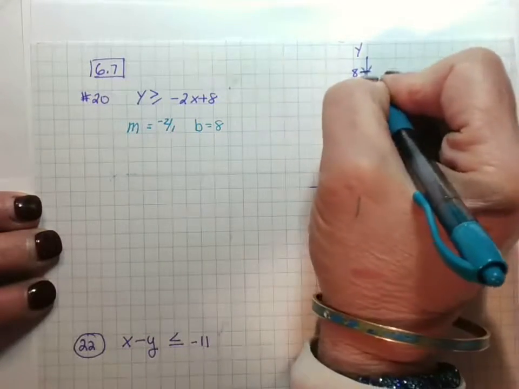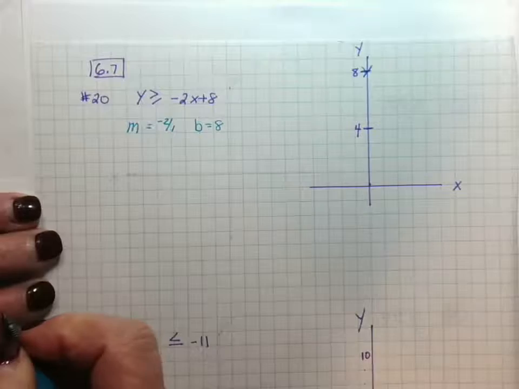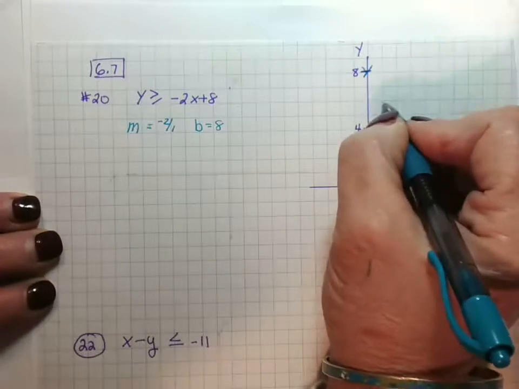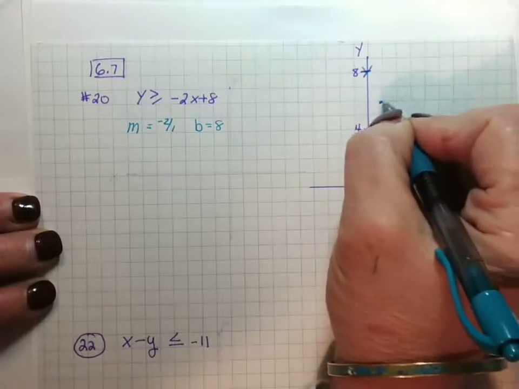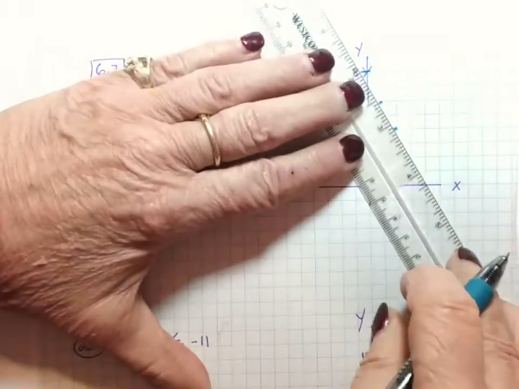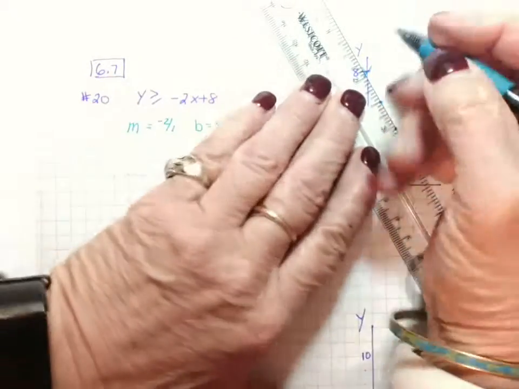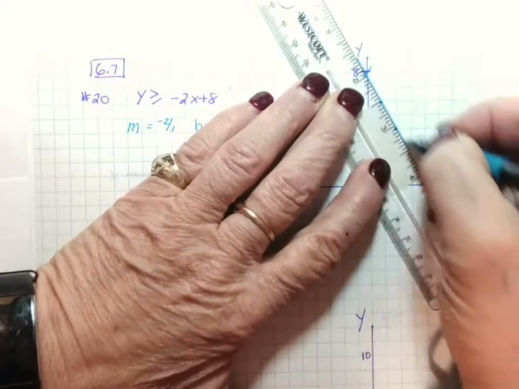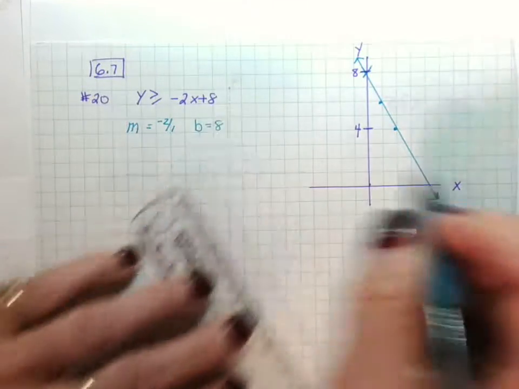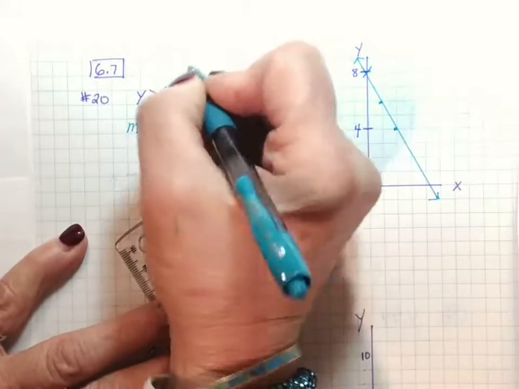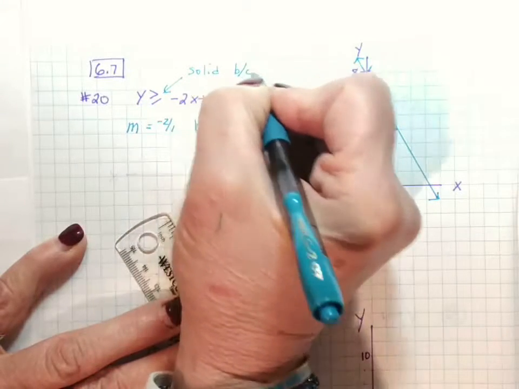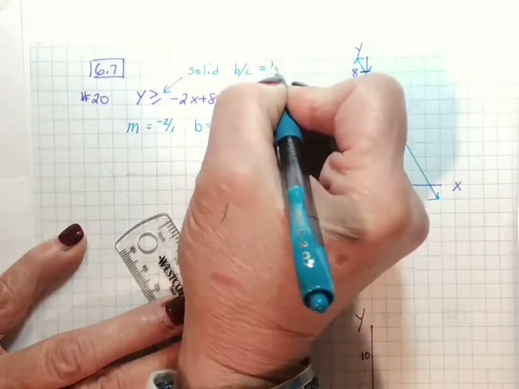So our y-intercept is here. And we have a negative slope, so we go down 2/1, down 2/1. And we draw a solid line. And you ask yourself, why is it solid? It's solid because there is an equals.